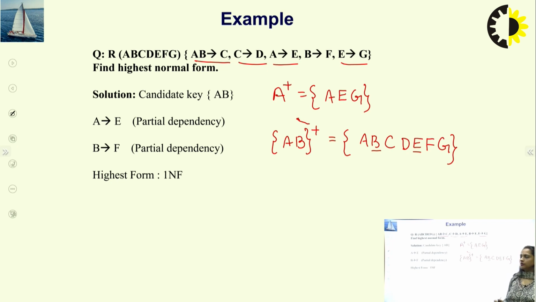So we can say the given relation is in first normal form.